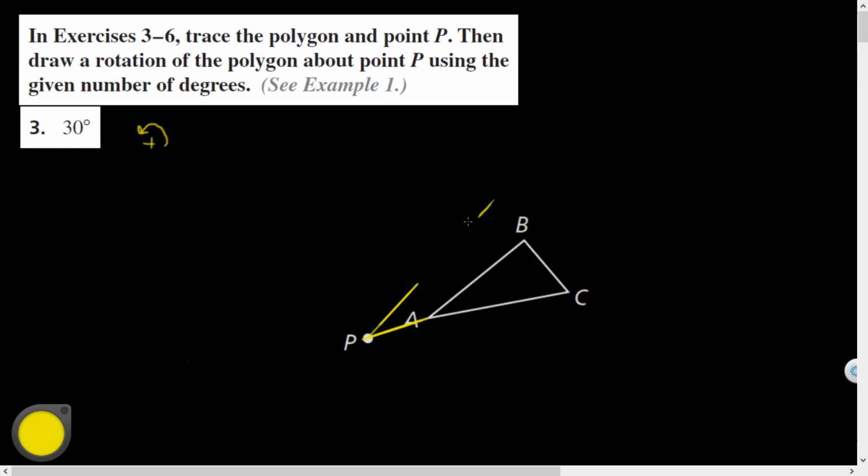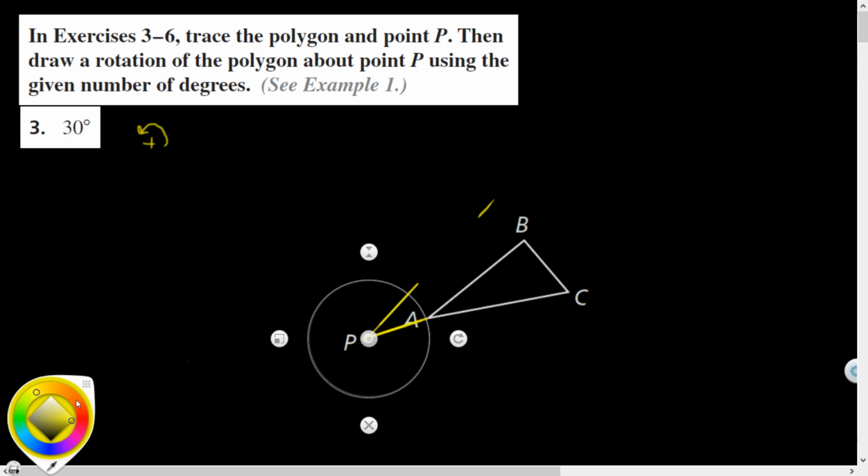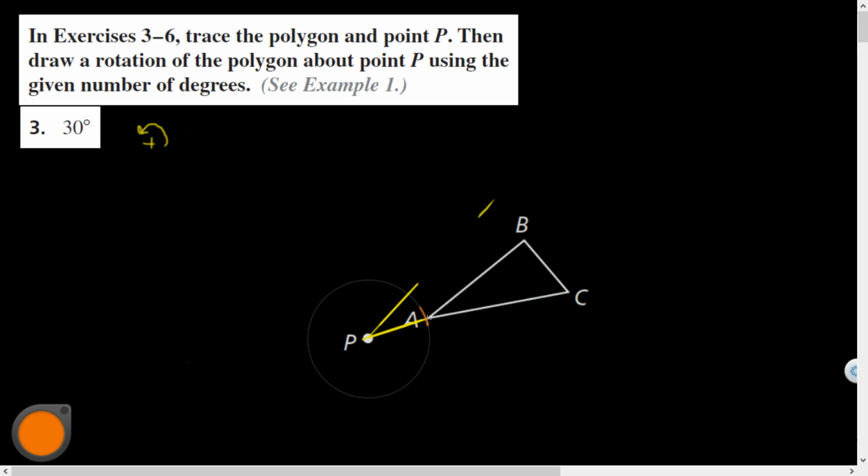I've just measured a 30-degree angle, and now I've just got to figure out where the intersection is going to be. So I would either use a compass or something to that effect, and you could set the radius of the compass to be from P to A, and swipe it across. Theoretically, you could have measured this segment and then measured out that far there, but these are going to be congruent, and my new point is going to be point A prime, right there.